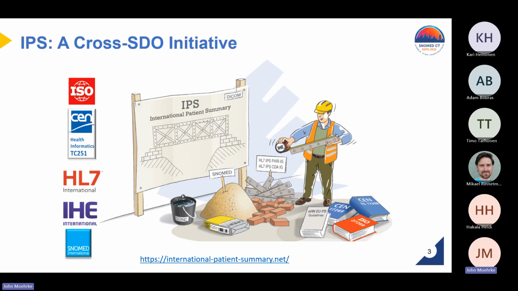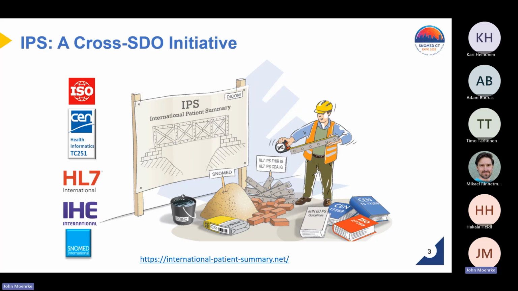HL7 contributes 2 different concrete implementations, one using CDA as the encoding mechanism, the other one using FHIR document as the encoding mechanism. I'm going to be more focused on the FHIR document, but the distinction from an IHE document sharing perspective is really immaterial, so to speak. It's just a MIME type difference.